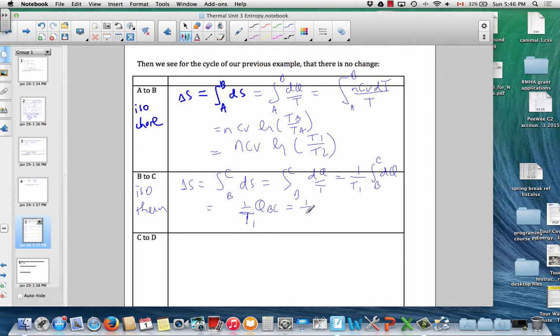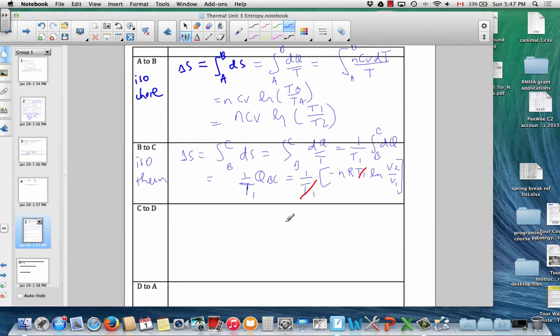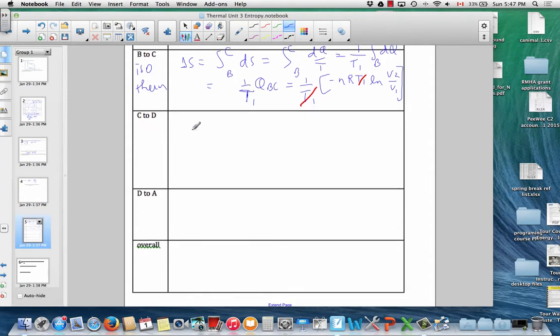But on the previous page, it was argued that heat flow was minus nRT1 ln of V2 over V1. And you can see already what's going to happen here. These terms didn't cancel out either because the temperatures were different, but now those temperatures are going to cancel. So the changes in the state function S are going to end up canceling each other out because of that.